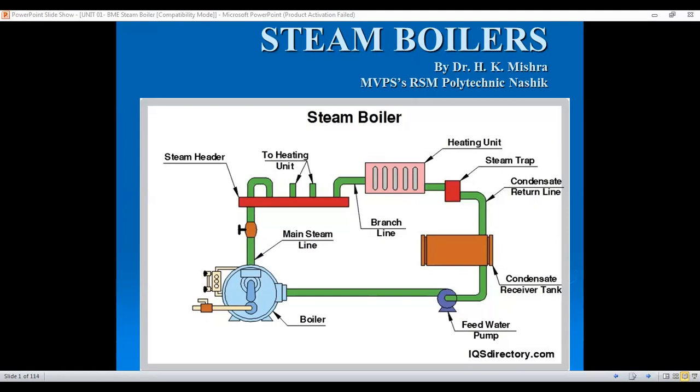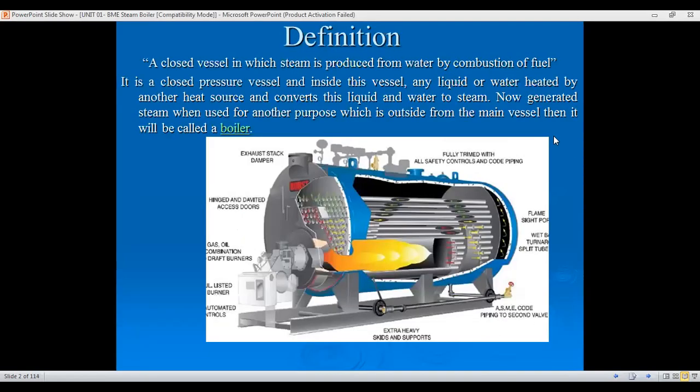So first of all, let us see what the steam boiler is. Steam boiler is nothing but a device by which we can generate or produce steam. Next, what is the definition of the steam boiler?